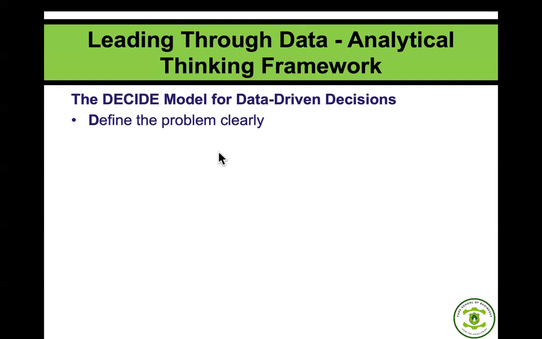The problem you are trying to solve, either in your daily life or in your organizational life, is not actually the problem, because you have not understood the facts related to the problem. So the first thing in the DECIDE model is defining the problem clearly. When you have defined the problem clearly, you need to establish the criteria for the solutions. Then you start thinking, what does success look like if we solve this problem?